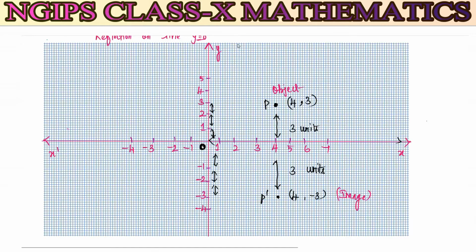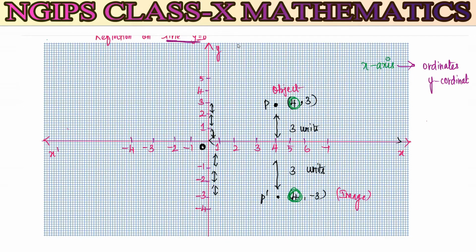Here we have the same x coordinate 4, and here also it is 4, but what we have changed is only the y coordinate, the ordinate. So when it is the x-axis, what we need to change is the ordinate point, the y coordinate. We need to change the y coordinate when you have the equation of the line, the important line y is equal to 0.